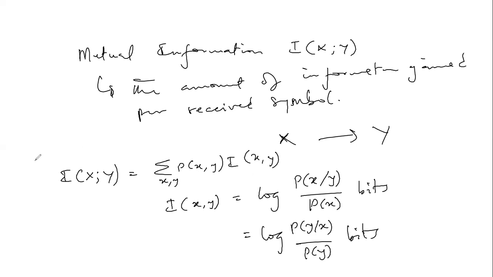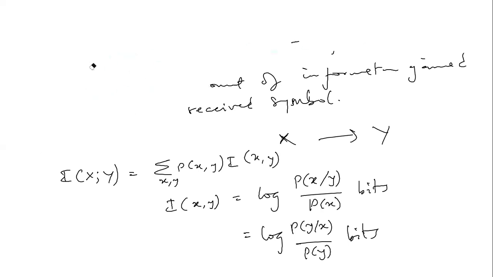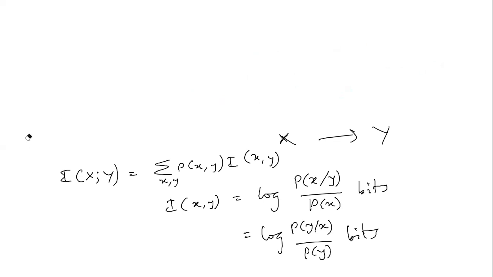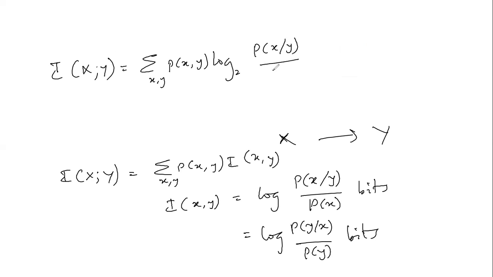So if this is true, then the mutual information can be represented as sigma over x, y of P of x, y, log base 2 of P of x given y over P of x, bits per symbol.